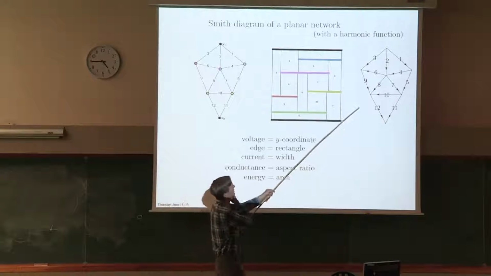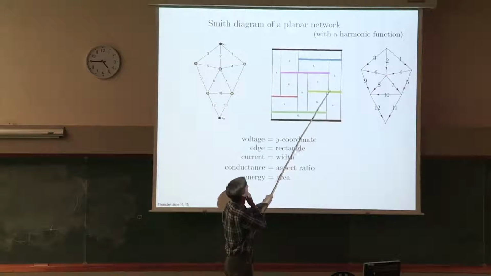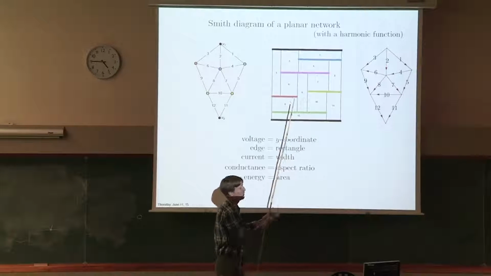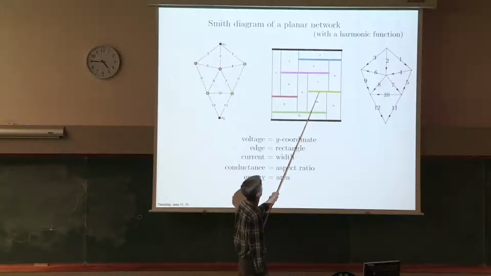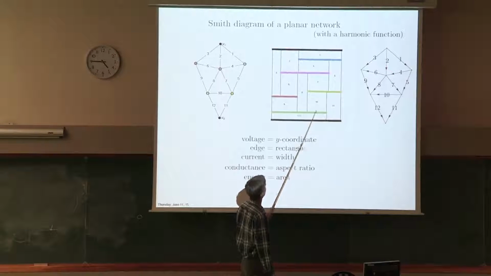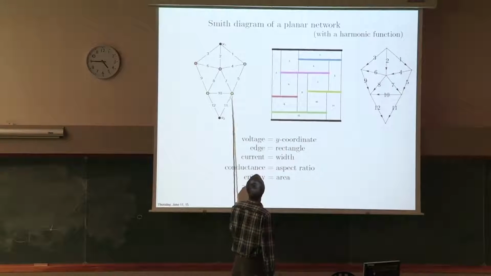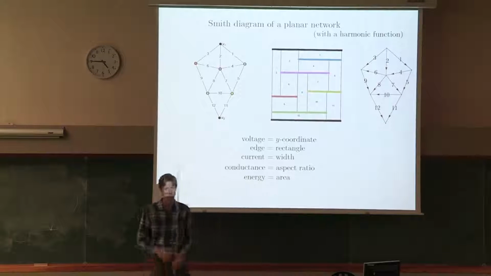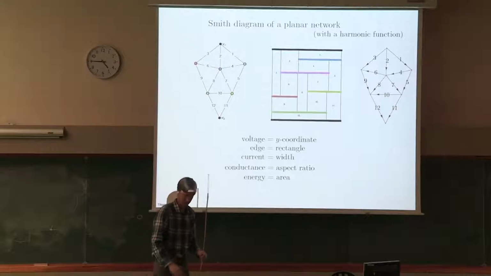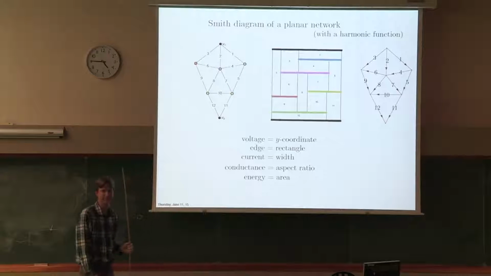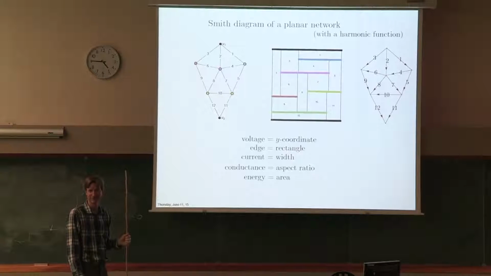And you can read off the orientation for this picture by looking, for each edge, at the colors of the top and the bottom. Since yellow is above green in edge number 10, that means the orientation is going that way. Is that okay?